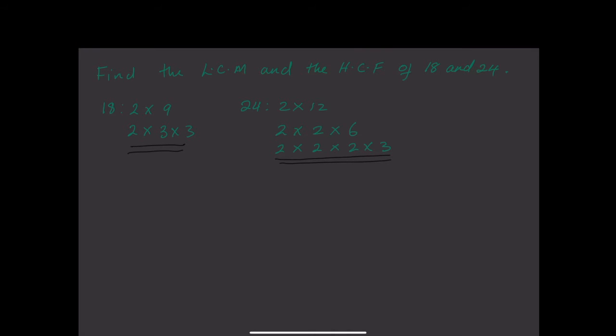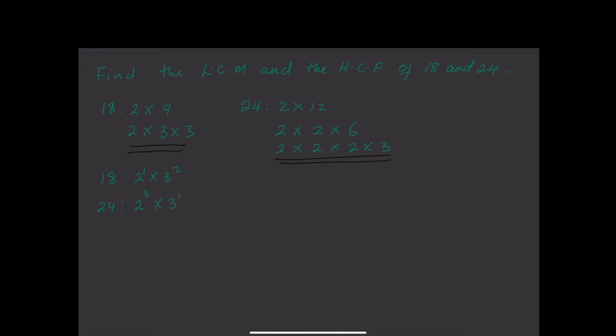Now the prime factor method is pretty quick, so we do that one first. So we write 18 as 2 to the power 1 times 3 to the power of 2. We then write 24 as 2 to the power of 3 times 3 to the power of 1.